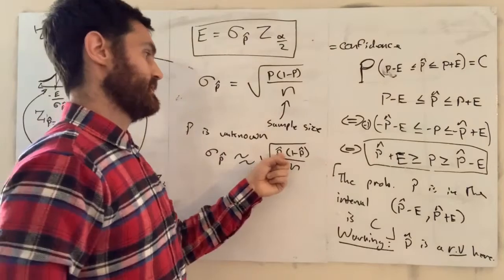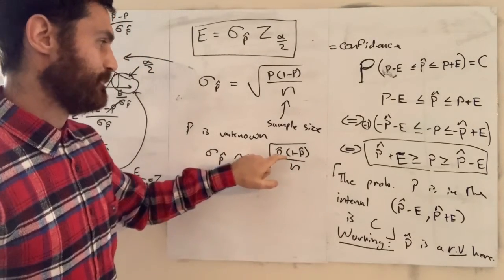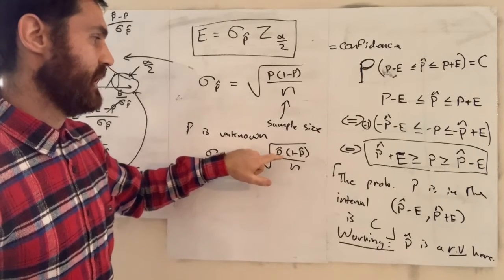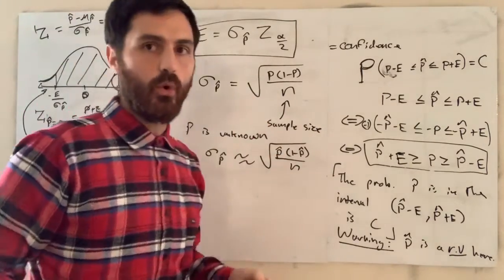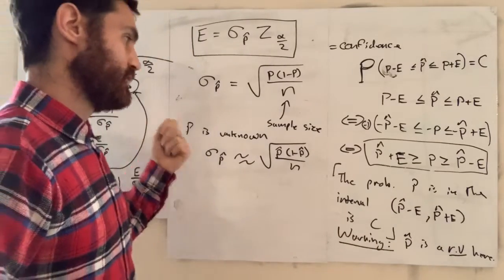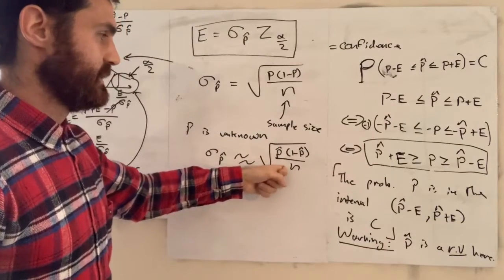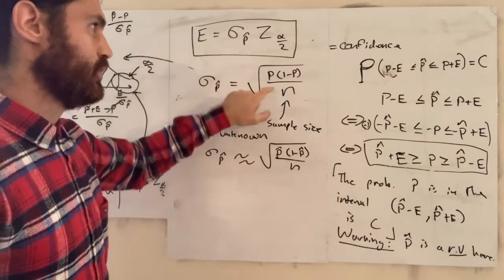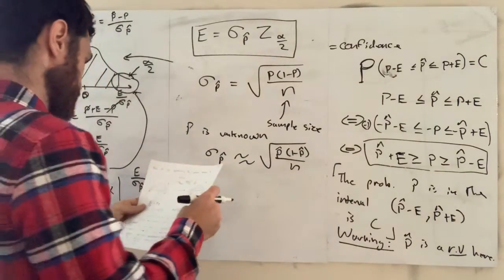Since the sample proportion is going to be very close to p, just because we're assuming it's normal, this isn't going to vary too much from that. So it's a good estimate. So we're going to use that.